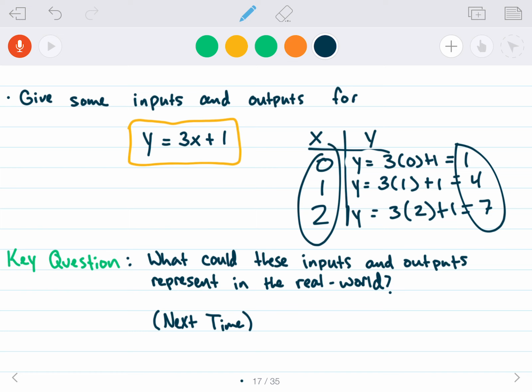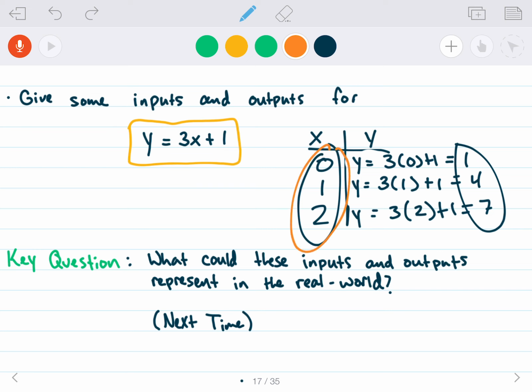And so what you want to keep in the back of your head, we're not going to talk about it specifically this time, but think about what this could actually represent in the real world. Because it does represent certain things in the real world, and you could tell a story about this. You could make up some things for x.